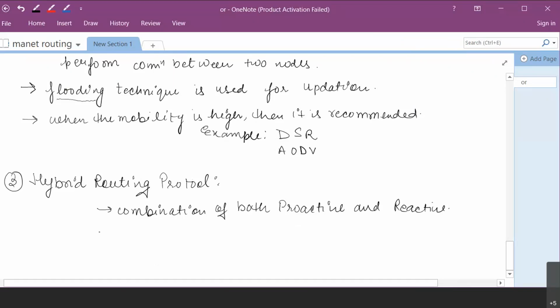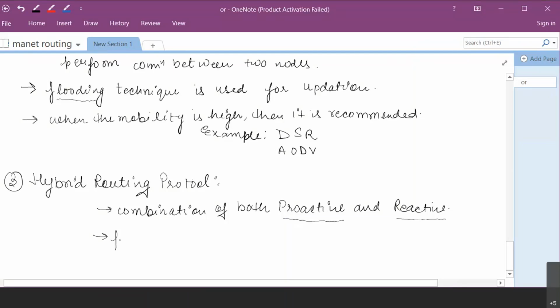So the point is where we have to use the proactive routing protocol and where we have to use the reactive routing protocol, because the functionalities are different. Proactive is used every time and the reactive is used when there is a need in order to perform the communication.